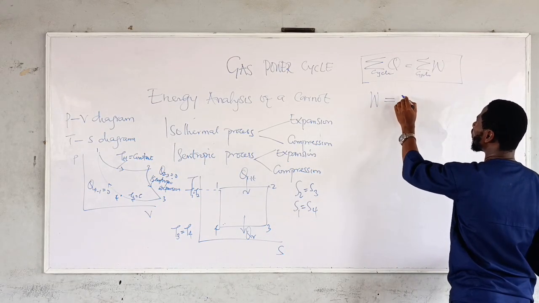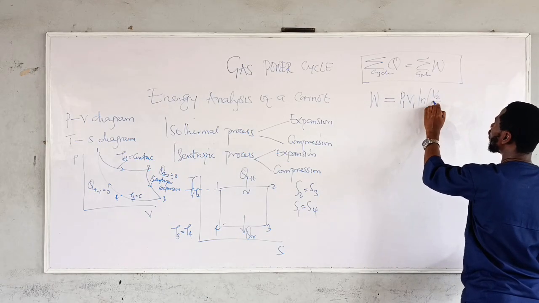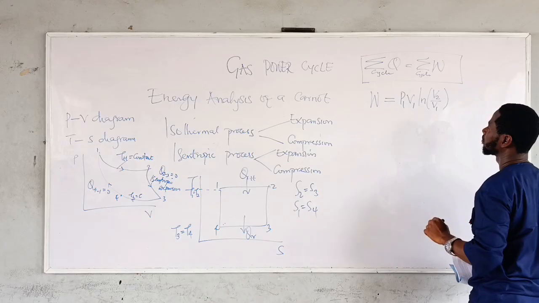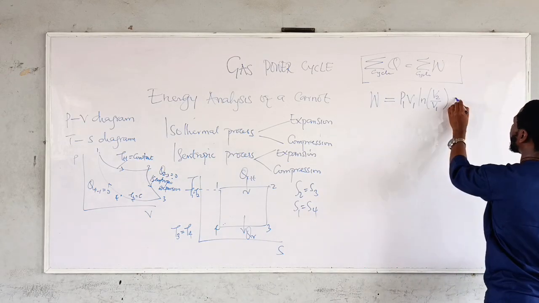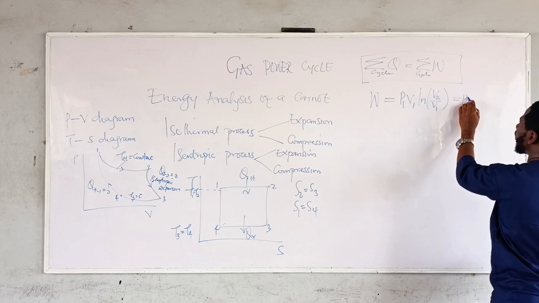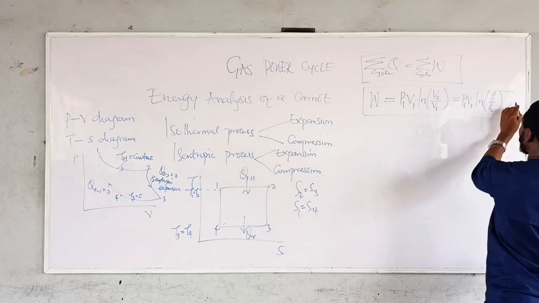W equals to P1 V1 ln V2 over V1, which is the same thing as P1 V1 ln P1 over P2. We have done this expression before.